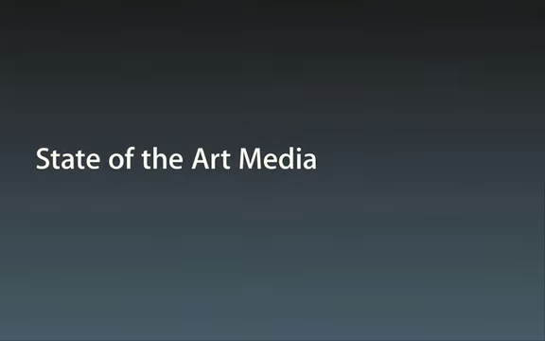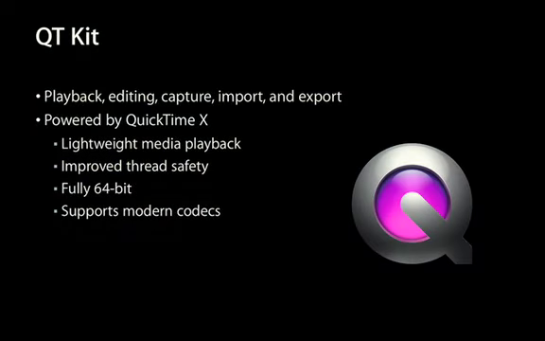Now I'd like to talk to you about some media technologies that are in Mac OS X that you can use to really just dazzle your users. The first of these is QTKit. QTKit is the Cocoa interface to QuickTime, and QuickTime is the media framework for Mac OS X. With QTKit, you can leverage QuickTime to do media playback, editing, capture, import, and export.